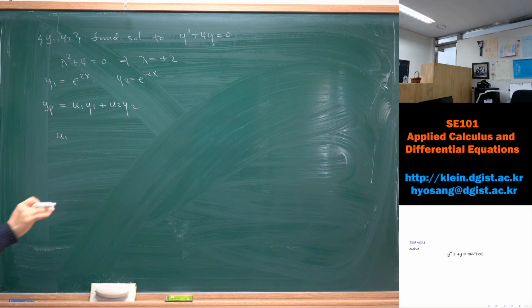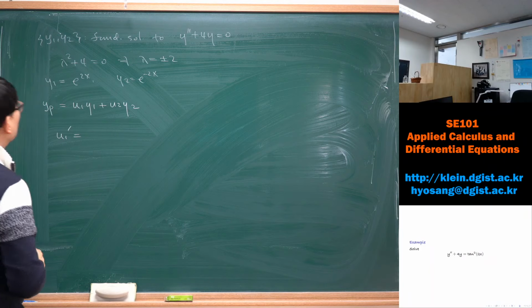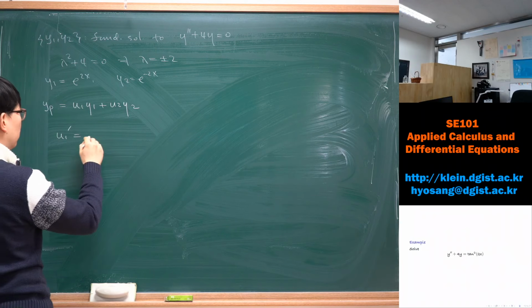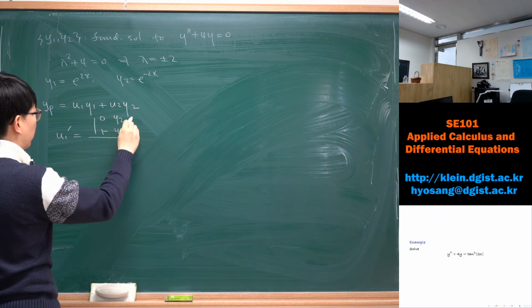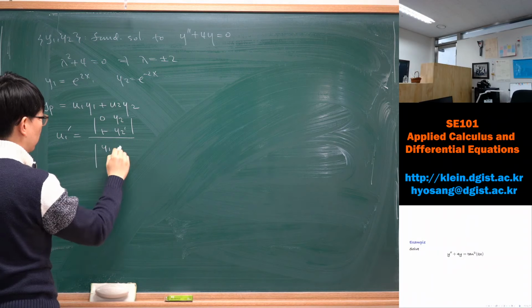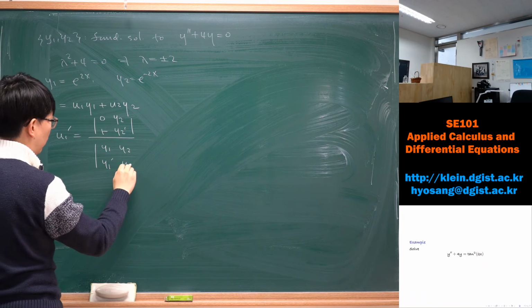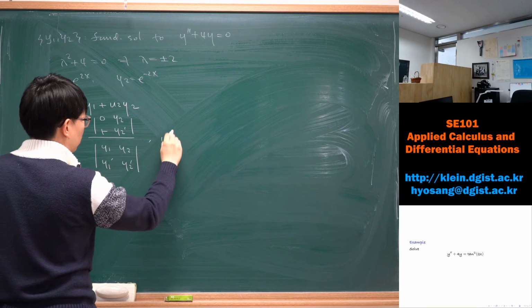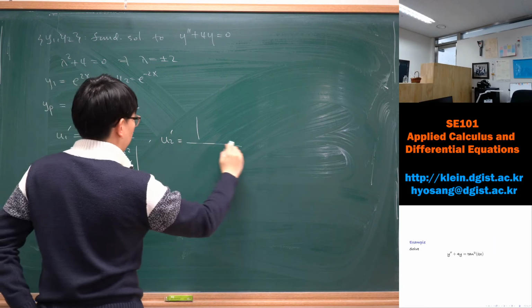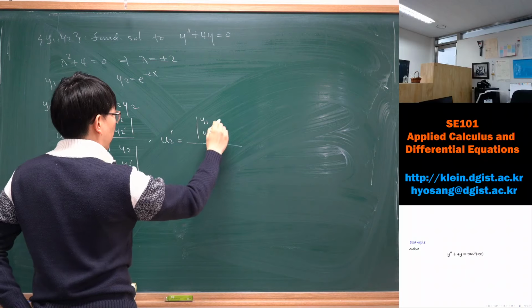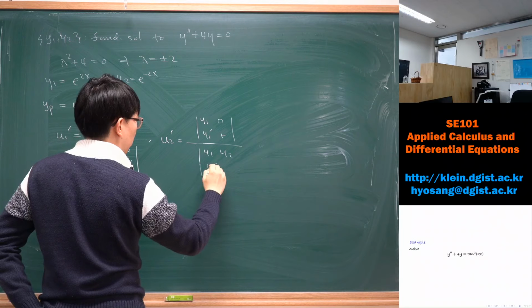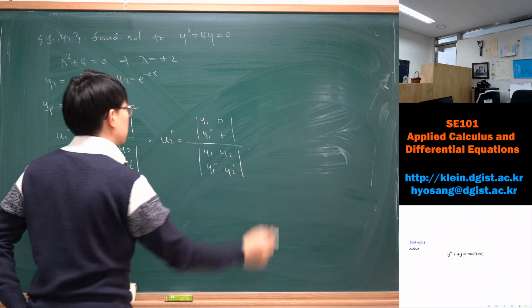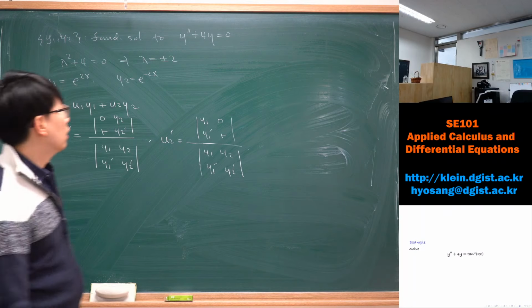And the variation of parameters says that u1 prime equals negative y2 r over the determinant of y1, y2, y1 prime, y2 prime, and u2 prime equals y1 r over the same determinant. Now what's r?